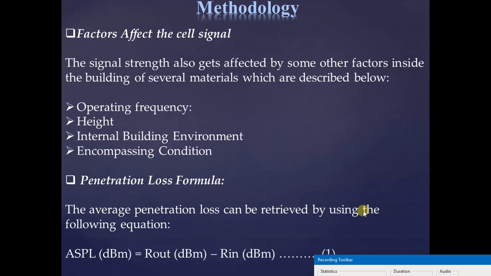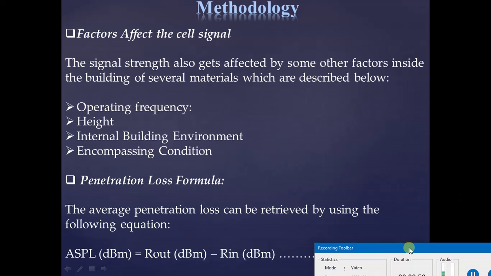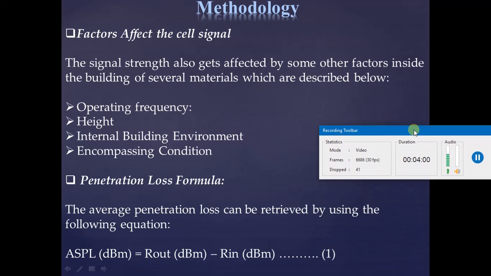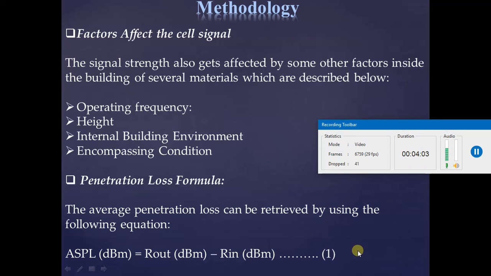The penetration loss which we have measured is ASPL equal to R out minus R in, where ASPL means average signal penetration loss, R out means receiver signal value outside, and R in means receiver signal value inside the building.